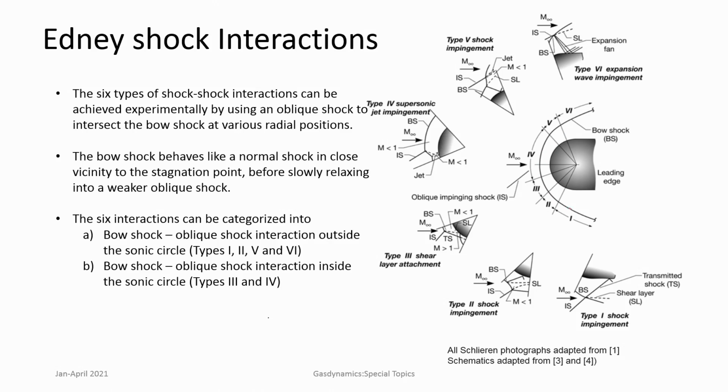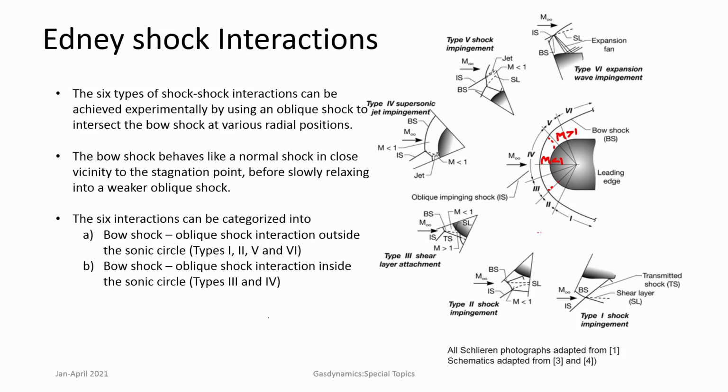Far away from the nose, the shock is essentially a weak oblique shock, while near the nose they are strong oblique shocks and there is subsonic flow here. At a certain point there is a sonic line, and the flow becomes supersonic beyond the sonic line. Within the sonic line, the Mach numbers are less than 1, but beyond the sonic line Mach numbers are greater than 1. So, you have both strong shocks and weak shocks in a bow shock.